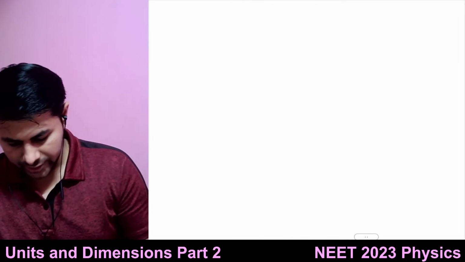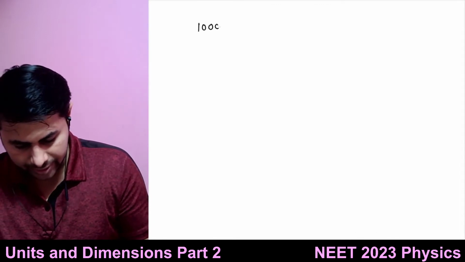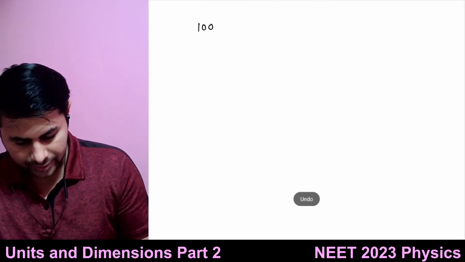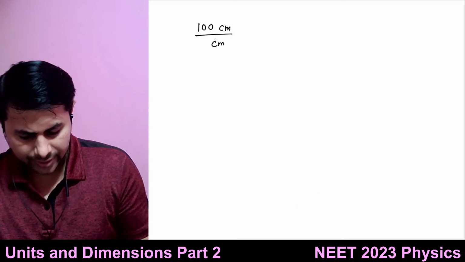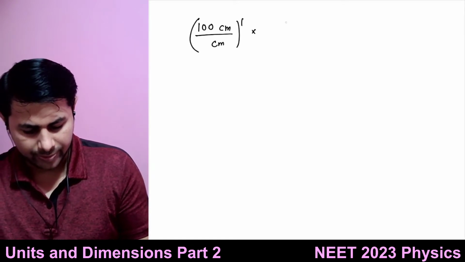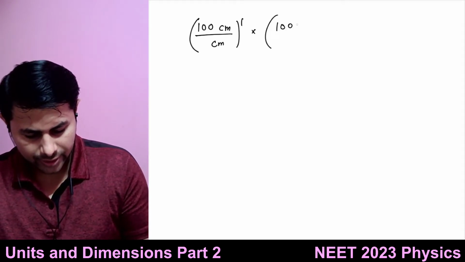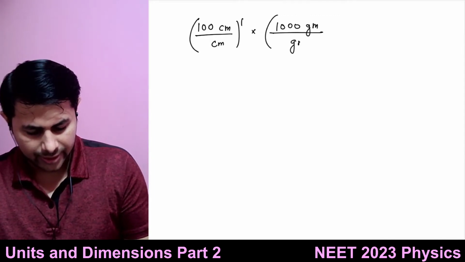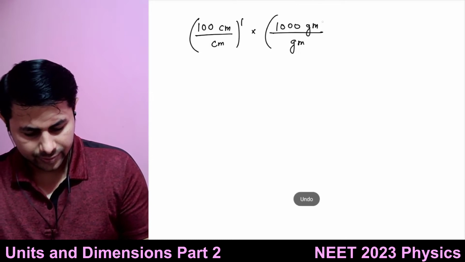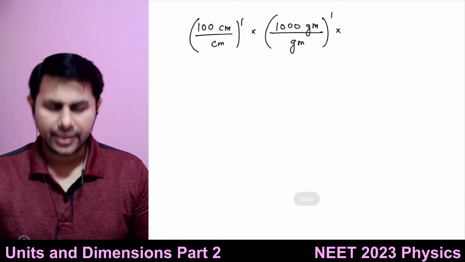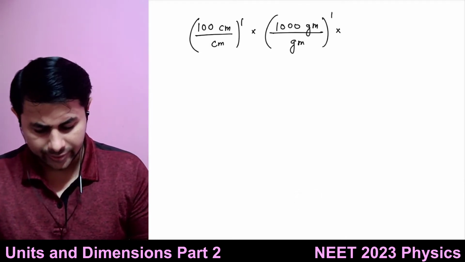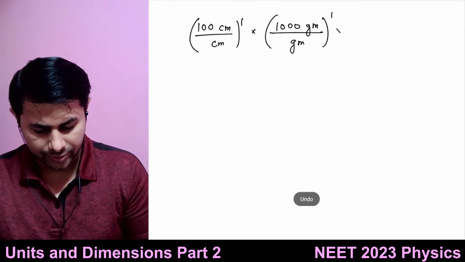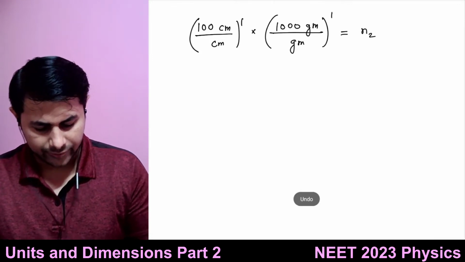So it is 100 centimeters divided by centimeter raised to the power 1, multiplied by 1000 grams divided by gram raised to 1, and second got cancelled. So this is equal to n2.